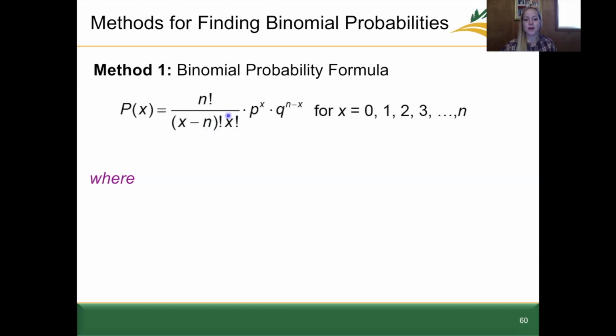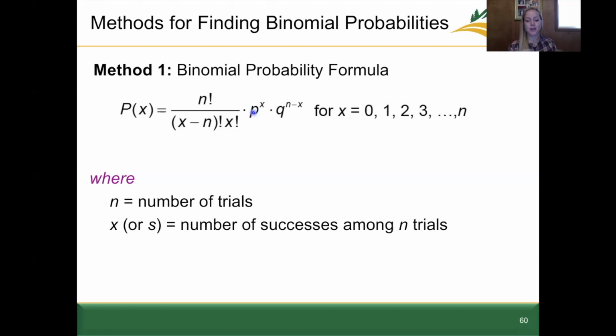Once we do this part in this fraction, we're going to multiply this times p raised to the power of x multiplied by q raised to the power of n minus x. It may look more complicated, but we know how to solve for each of these variables. We know how to figure those out. So n is our number of trials. X or s, same thing, is the number of successes among n number of trials.